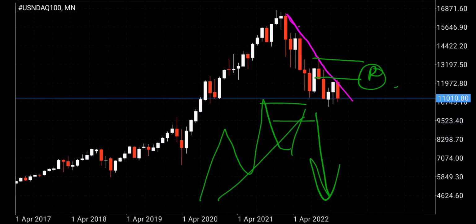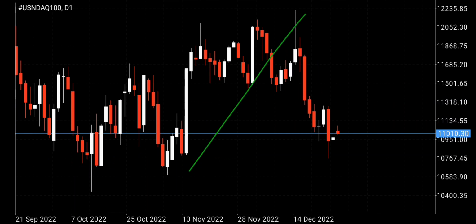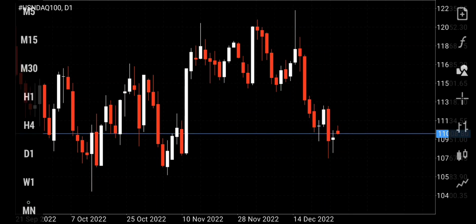So we know that the price was approaching a monthly bearish trend line and also a resistance, and the trend is bearish, which means a reaction was very likely from there. That's why, when we were on daily, we were anticipating this, because of what we were seeing on monthly.